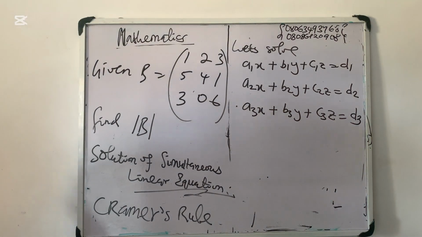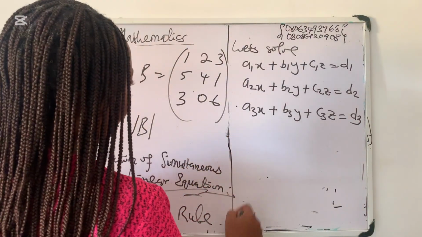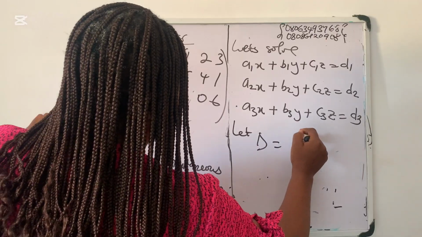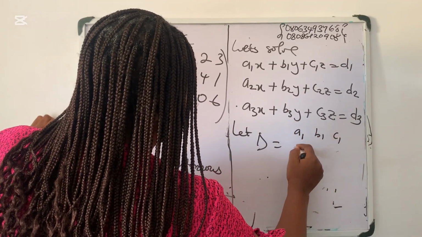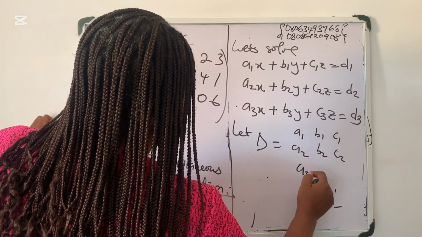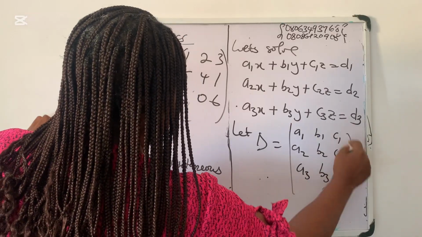Now, given this, let D equal to A1, B1, C1, A2, B2, C2, A3, B3, C3, all enclosed.